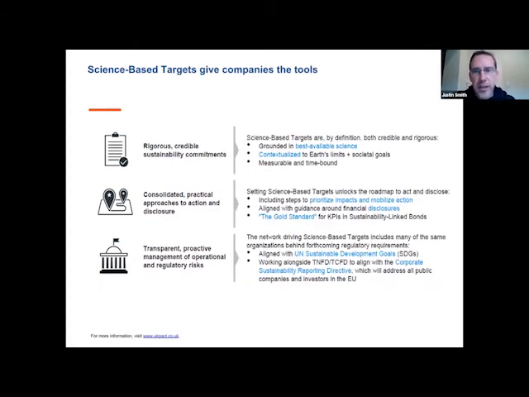So we know science-based targets are by definition credible and rigorous because they are grounded in what we have available at the moment in terms of scientific analysis, looking at the different limits we have from a planetary perspective, and being very clear that they need to be measurable and time-bound as well. Hopefully SBTI can really help an organization to look at the different steps and the different priorities that they need to action in terms of changing their trajectories, looking at what's important from a financial disclosure perspective as well.